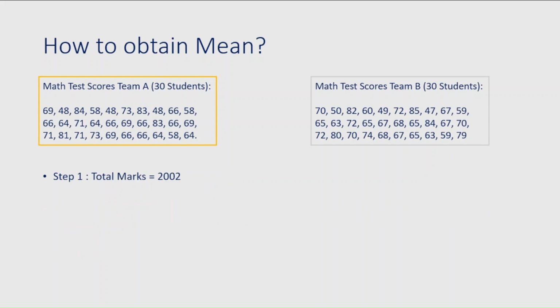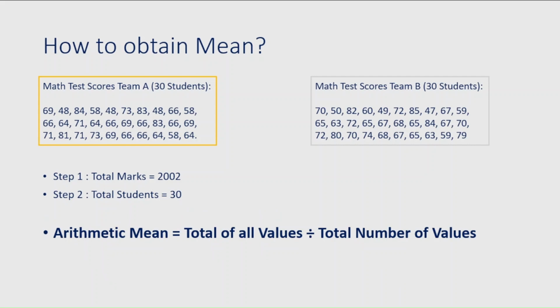Now we'll move on to step number 2. The second step is to divide the total marks by total number of students. Here, the total number of students of team A is 30, right? So this is our step 2. Now we'll obtain mean. The formula for arithmetic mean is the total of all values divided by the total number of values.